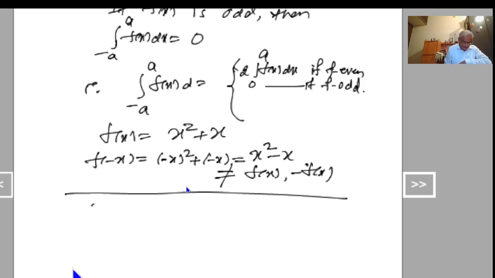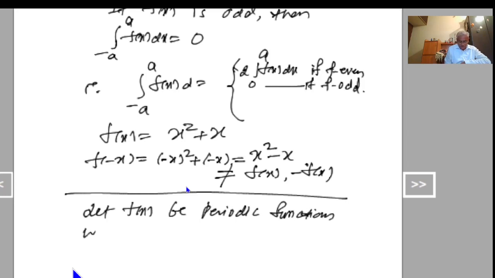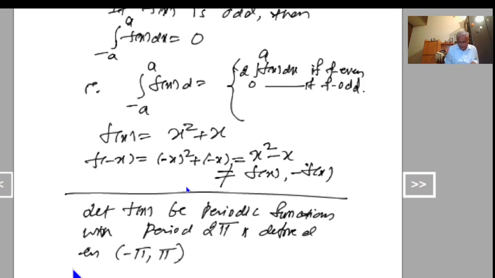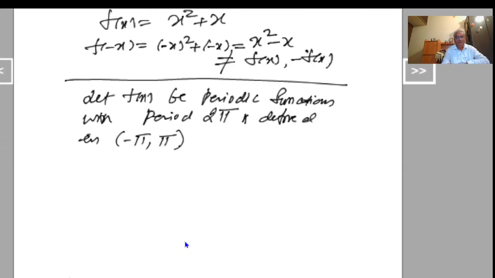So let f of x be a periodic function with period 2 pi, and defined in minus pi to plus pi.